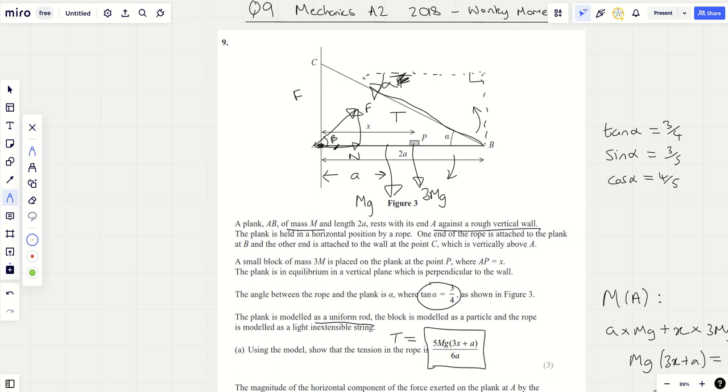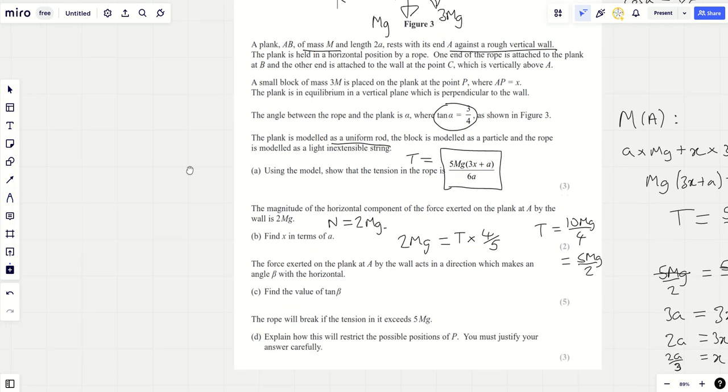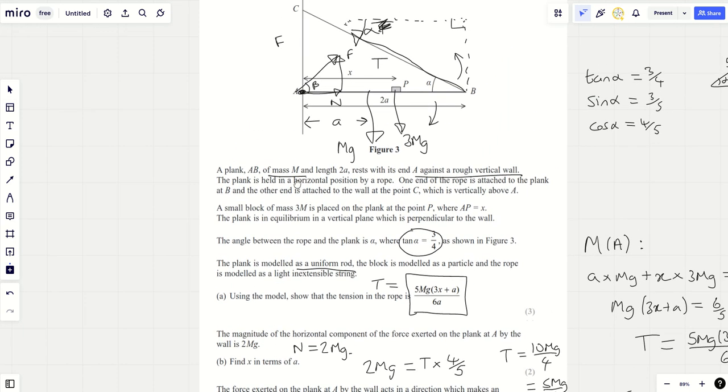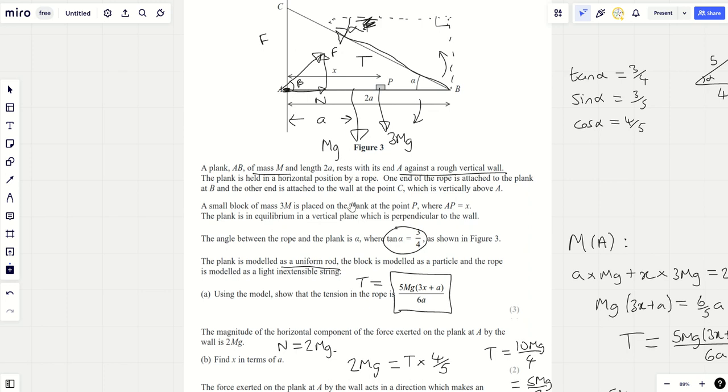In other words, if I find the value of the friction and normal reaction, I could easily find the magnitude of the force being exerted on the plank by the wall. But it's saying it makes an angle beta. It's a difficult question, this, no doubt about it. Find the value of tan beta.